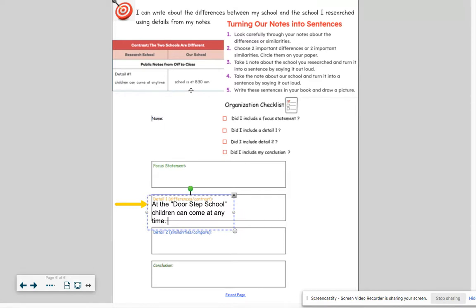At our school, we start at 8:30. Does that make sense? Yes, it does. At our school, we start at 8:30 a.m.